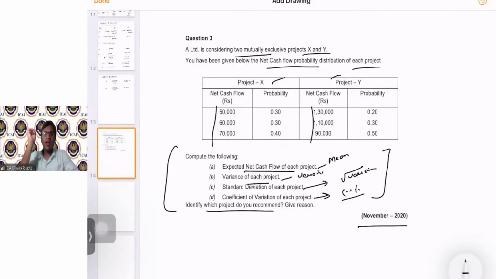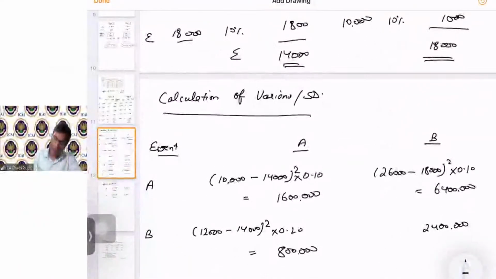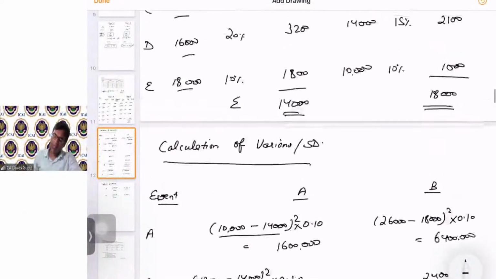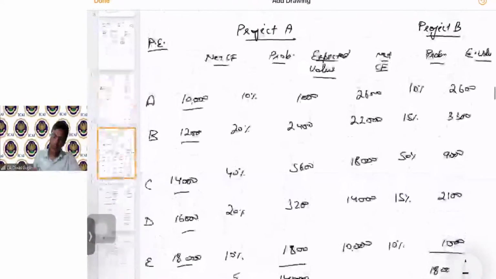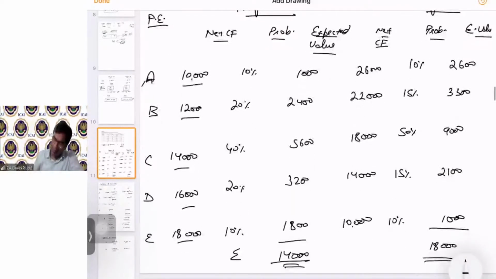So Varsha is saying, why are we subtracting 14,000 from 10,000? Okay, let me explain again, Varsha. See, what is this 10,000 minus 14,000 essentially? For possible event A, how will you calculate deviation? The mean is saying 14,000, but your actual outcome is going to be 10,000.